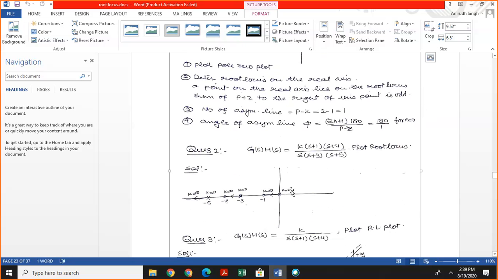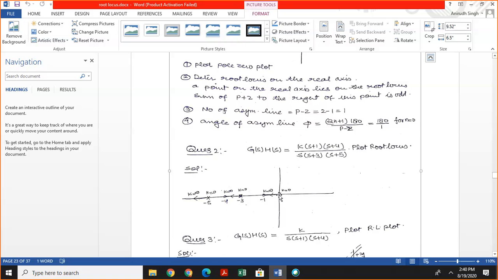G(s)H(s) is given by K(s plus 1)(s plus 4) divided by s(s plus 3)(s plus 5). Plot the root locus. First plot the poles. Poles are located at s is equal to 0, s is equal to minus 3 and s is equal to minus 5. Zeros are located at s is equal to minus 1 and at s is equal to minus 4.